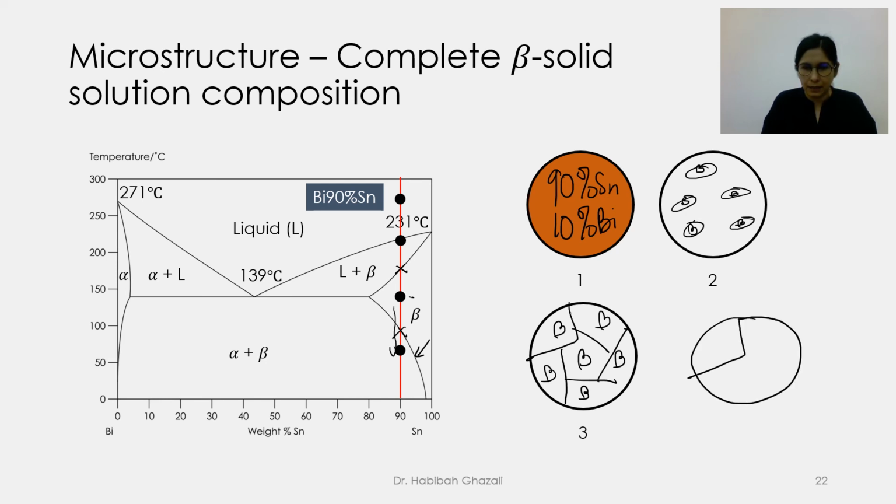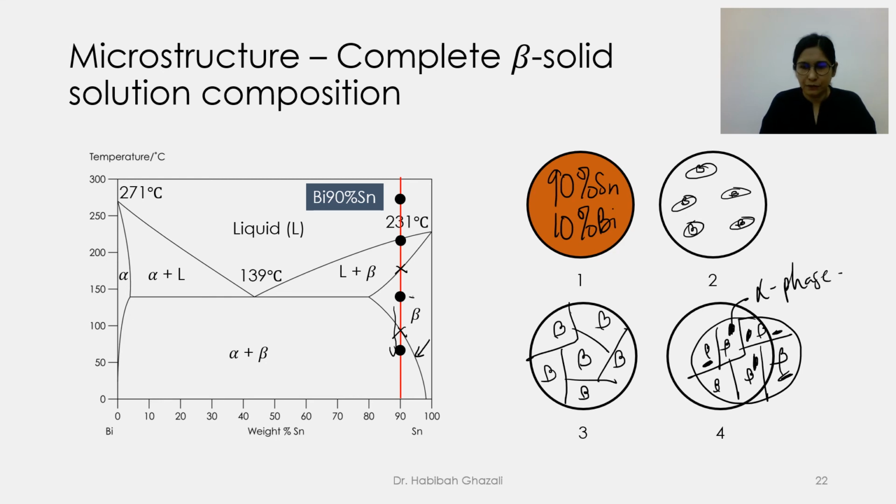We have a beta solid solution matrix, beta, beta, but with some precipitate of alpha on that matrix. This is the alpha phase. So the final microstructure at room temperature will consist of beta solid solution with precipitates of alpha solid solution distributed on the microstructure.